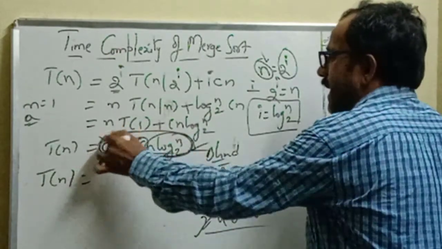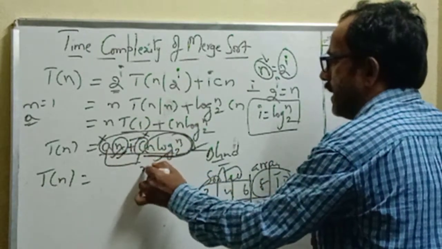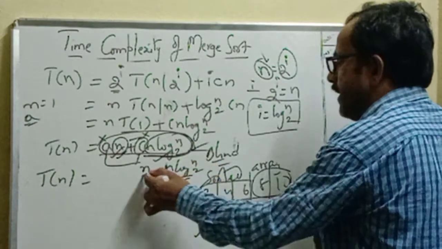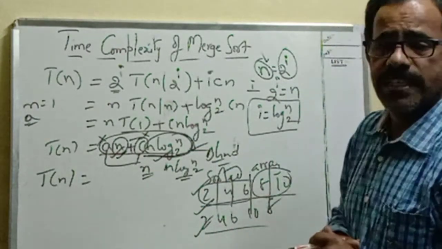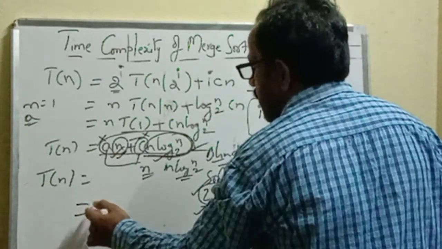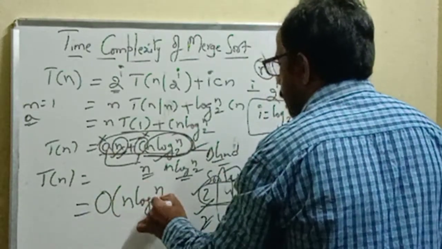We are concentrating on n here and n log n base 2 here. Then we need to decide which one is greater. Either n gives a greater value or n log n produces a greater value. So obviously, n log n is greater. Then we can represent the time complexity as order of n log n base 2.